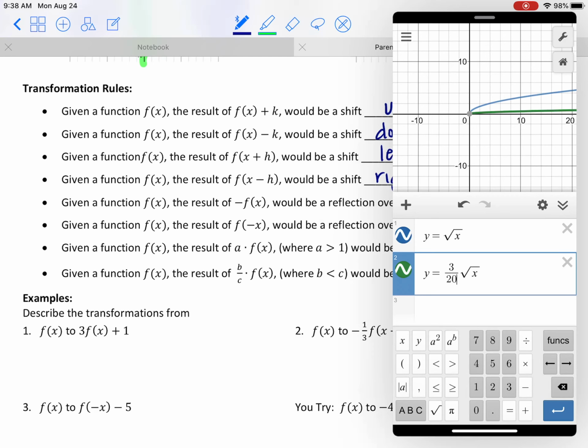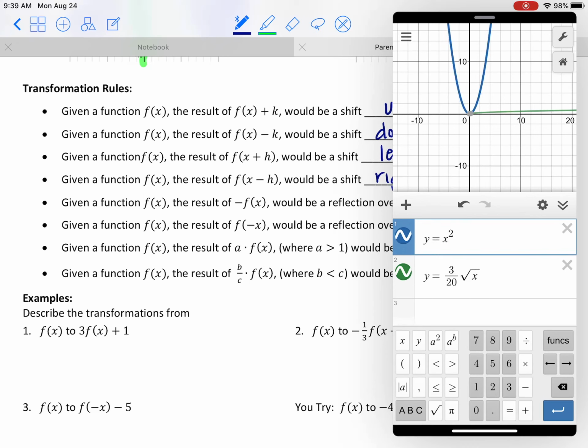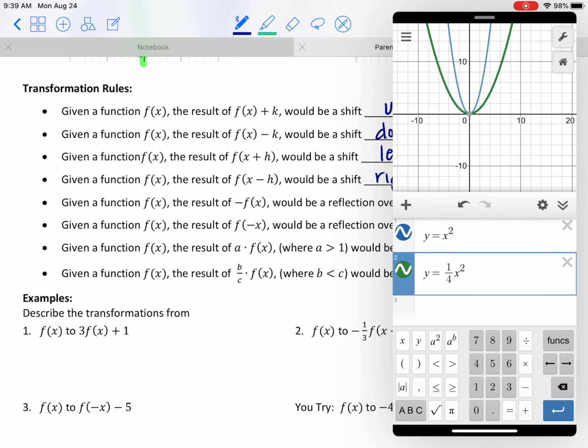Okay? And again, true for every parent function. So let me just throw another one in here. If we started with our parabola, x squared, and again, if we multiplied it by a number bigger than 1, it's going to stretch it. If we multiply it by some fraction between 0 and 1, it's going to compress it, squish it down, make it wider.